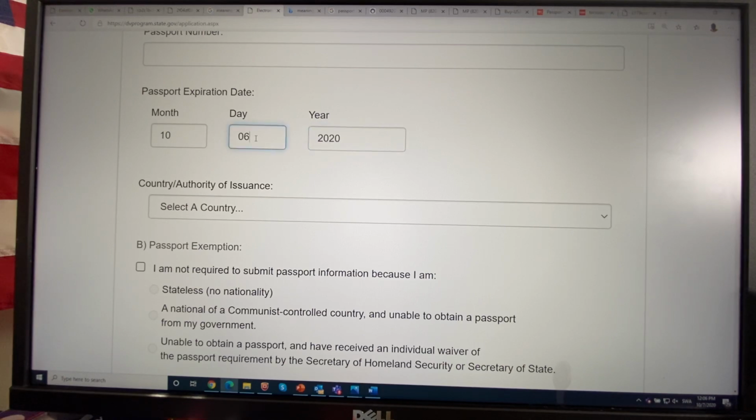But if you are going to apply today and you put October 7th, or the passport is going to expire tomorrow, October 8th, the passport must be valid on the day you are applying for the DV lottery. It is not supposed to be expired on the day you apply. So don't ask me, oh, my passport is going to expire in January. They don't care, it's valid. As long as the passport is valid on the day you are applying, go ahead and use that passport to apply.